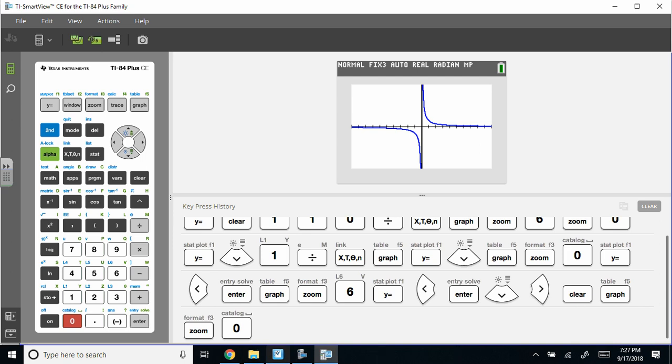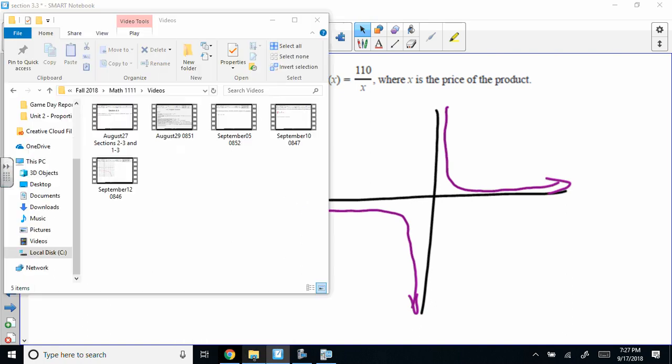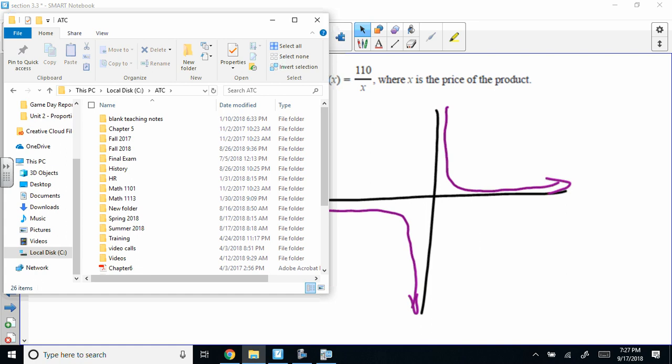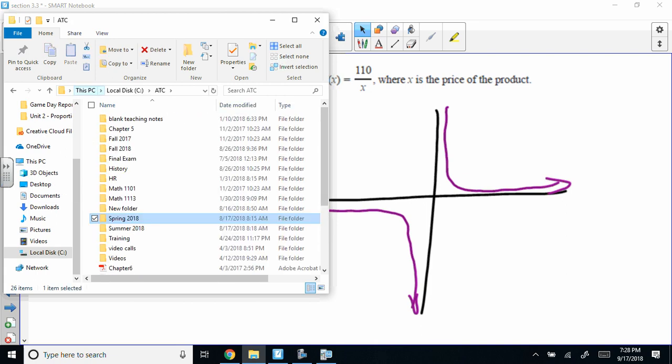Let me do this, because I want to show you something real quick. And this I need to put up on the website anyway. Yeah, that should be there. Let's see if I've got it. Not in that.